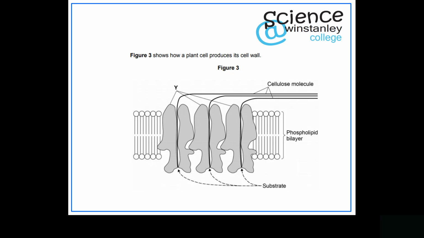And the question does talk about how a plant cell produces a cell wall, and it shows substrates going into these things that must be some kind of channel or carrier. And it does show that cellulose molecules come out. So it's a protein, definitely. It's a channel or a carrier protein, maybe, but it's also sticking together lots of substrate to make a bigger molecule. So let's move on to the question.